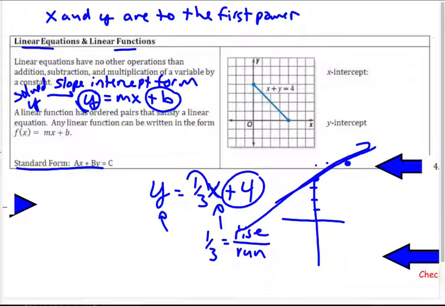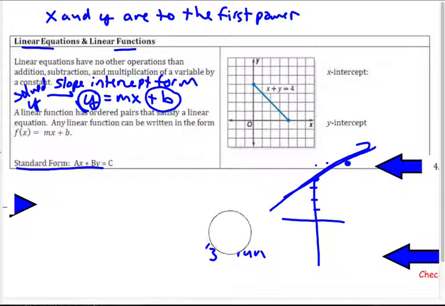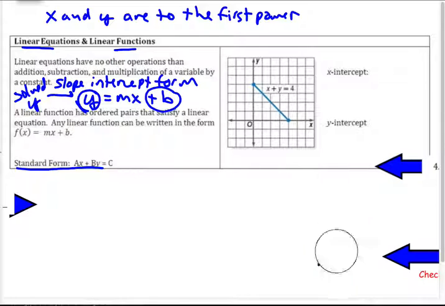And you see a fraction here, and that's fine if it's all numbers. But when you're working with linear equations, you can't have something like y equals 1 over x plus 5.